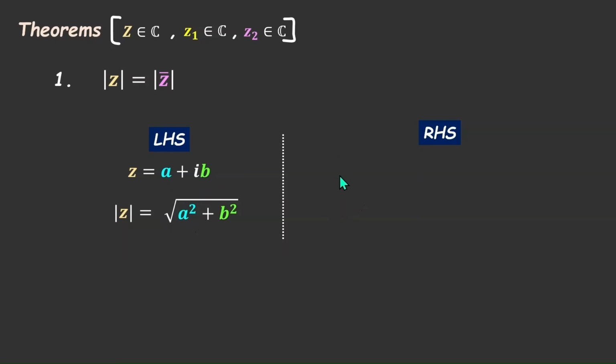Now let's see the RHS. Now if z is this, then z conjugate would be the real part remaining the same and the imaginary part's sign changed. So z conjugate would be a minus ib. Now z conjugate modulus would be the sum of square of their real terms and imaginary terms and whole under root. So it would be under root of a square plus minus b whole square, because it is conjugate.